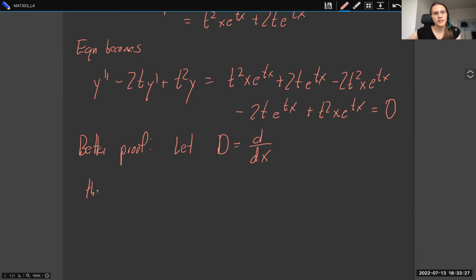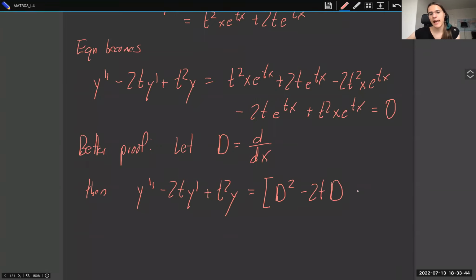Then y prime prime minus 2t y prime plus t squared y can also be given as D squared, minus 2t times D, plus t squared times the identity operation, and we apply that onto y. But the left-hand side factors as D minus t, squared, applied to y, right?